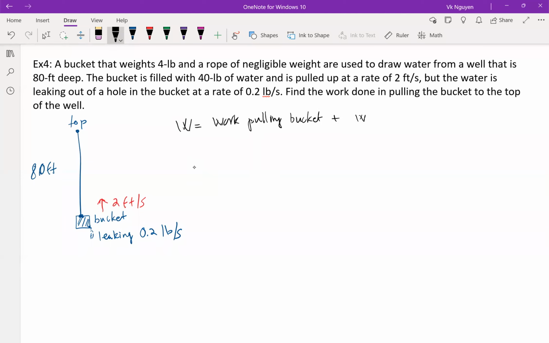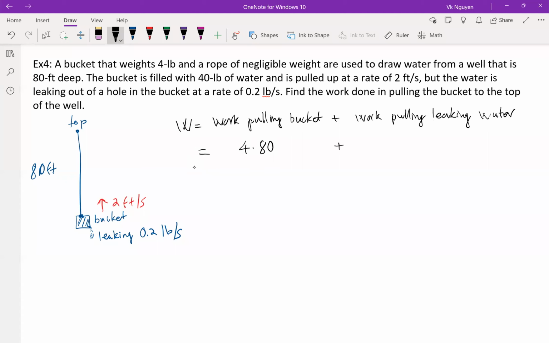First, work pulling leaking water. For the work in pulling the bucket, well, you just have to move it up 80 feet. So that's 4 times 80. 4 times distance.